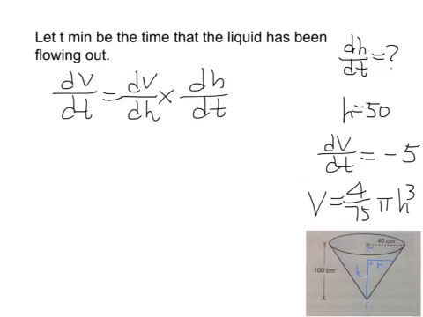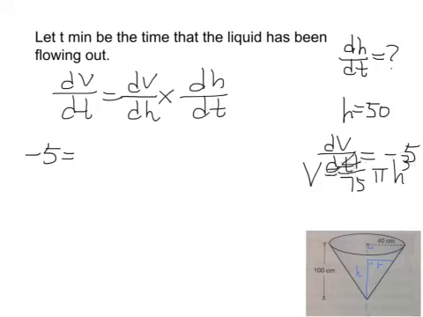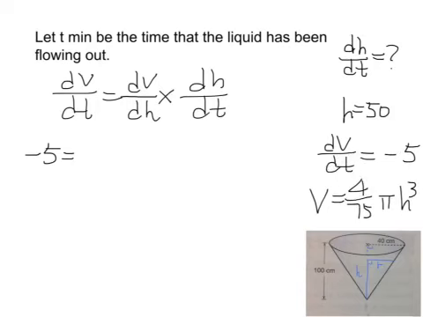We declare a new variable we call t in terms of time, and we start with this chain rule relationship. Now, dV/dt, notice that I've put all my information here, right? So dV/dt is just -5. Now, dV/dH is when I take the derivative of this.